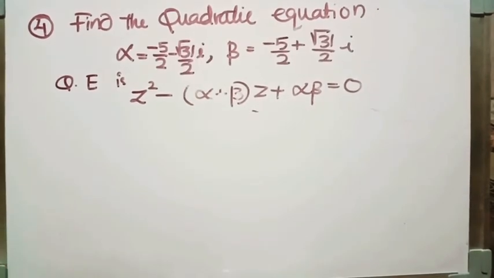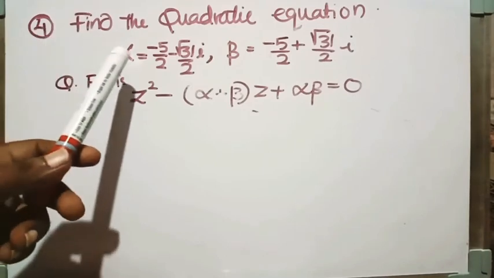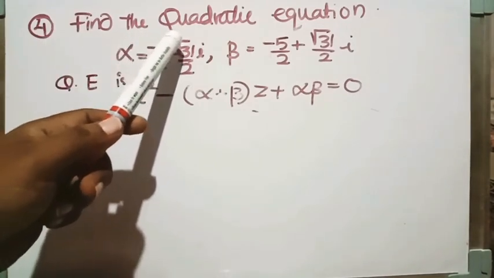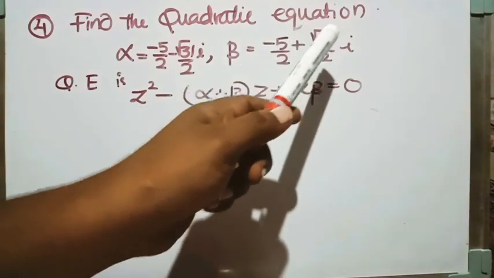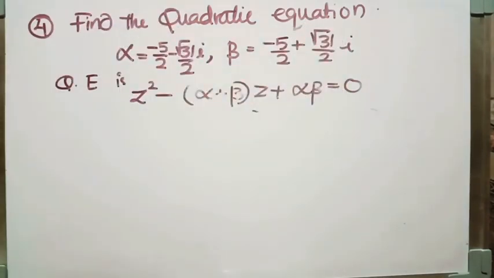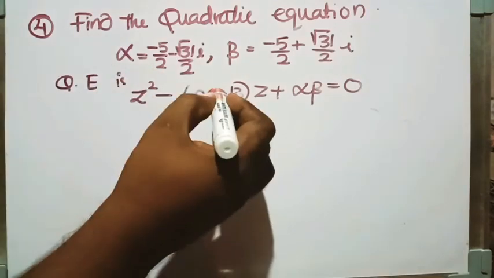Another question: find the quadratic equation where alpha is minus 5 by 2 minus root 31 by 2 i and beta is minus 5 by 2 plus root 31 by 2 i. Let's replace in the quadratic equation.